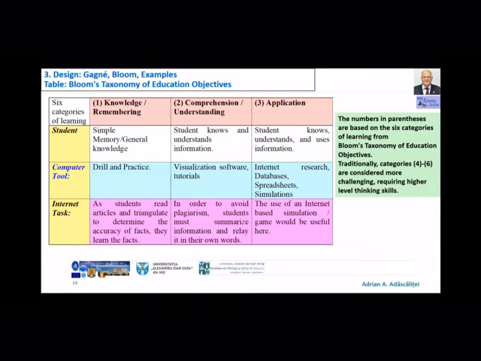In the Bloom taxonomy of educational objectives, we used what a student has to do, which kind of computer tool is appropriate for knowledge, for comprehension, for application, and which are internet tasks.